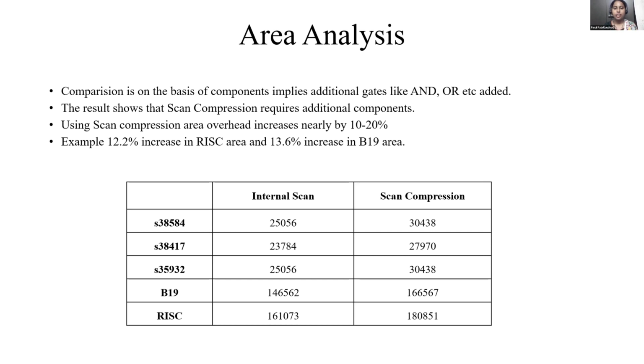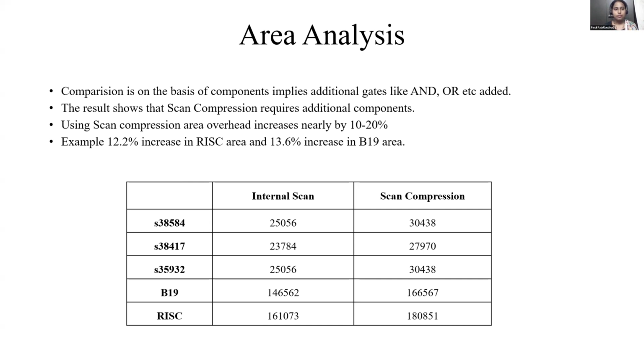For internal scan, we have to make a chain and take care of the timings up and down so that the functional and testing parts are in line. But in scan compression, we have compressor and decompressor logic that will also increase some area. Along with that, we have to put certain mode logic so that the compressor, decompressor and the entire functionality are in line. So some extra circuitry is added in both cases. Definitely extra circuitry will be added, but in scan compression it will be more than in internal scan.